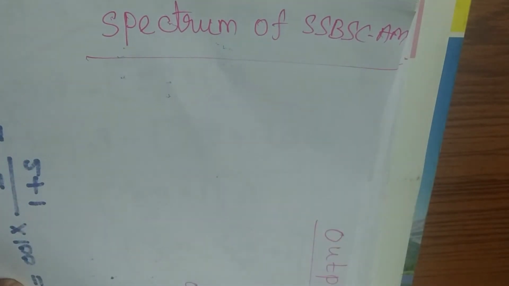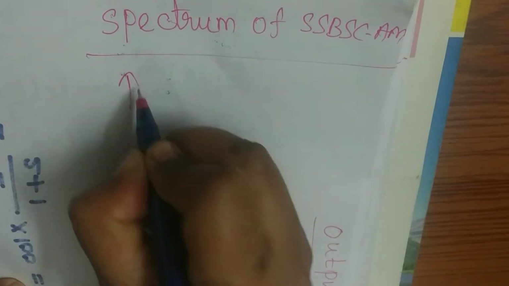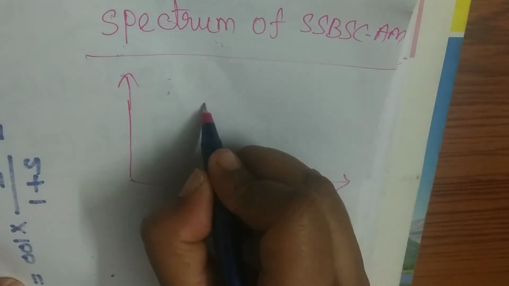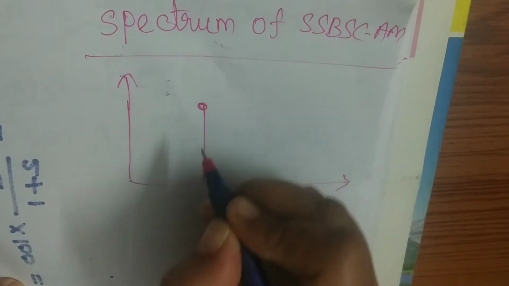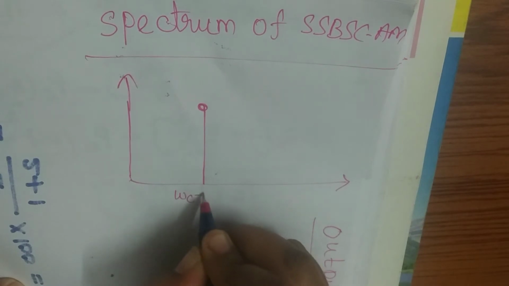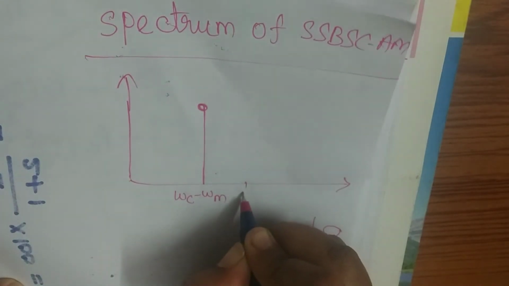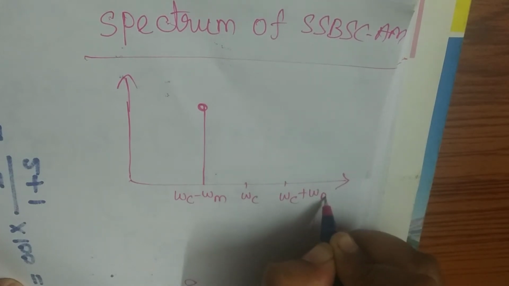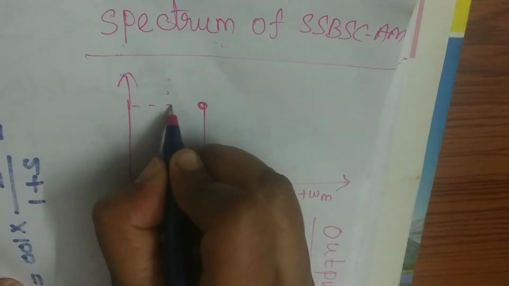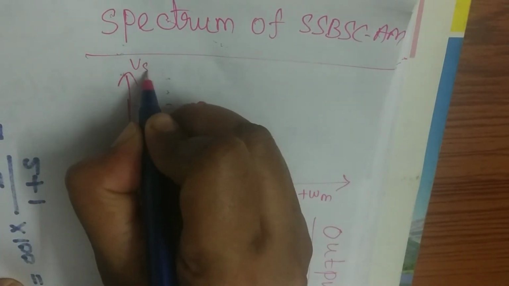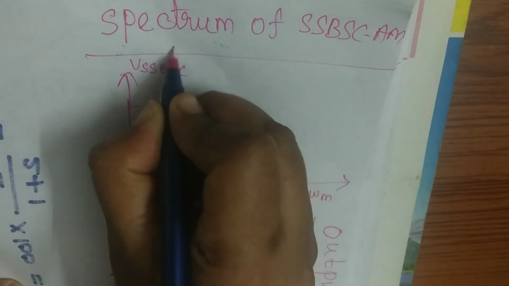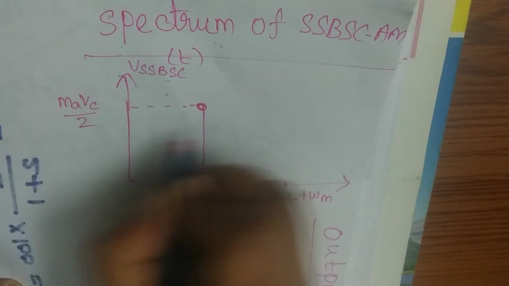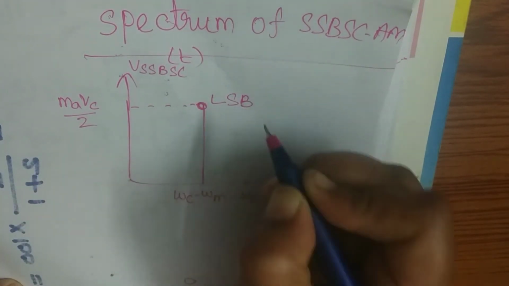Then I am drawing the spectrum of SSB SC AM. Omega C minus omega M, here it is omega C, and this is omega C plus omega M. So I am taking MAVC by 2 as the corresponding lower sideband amplitude.